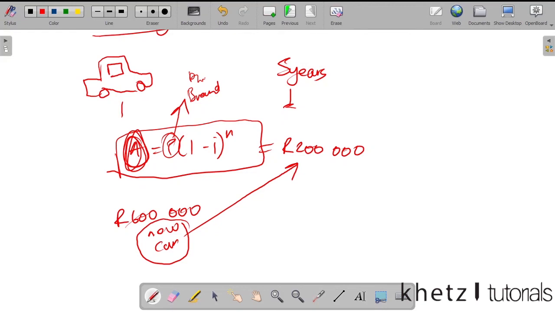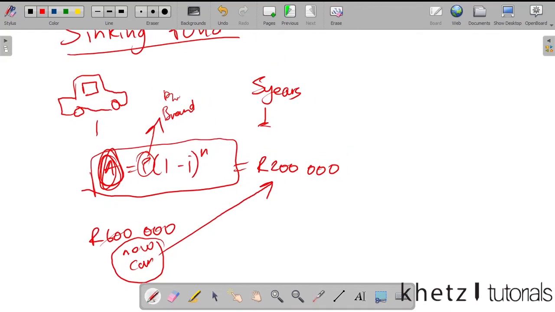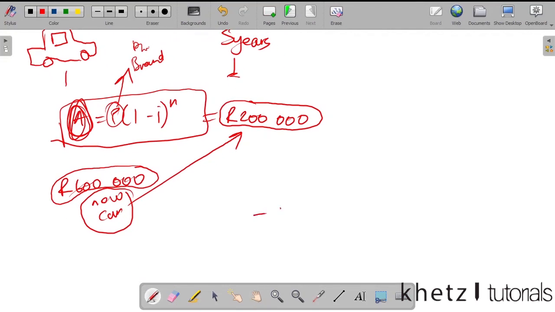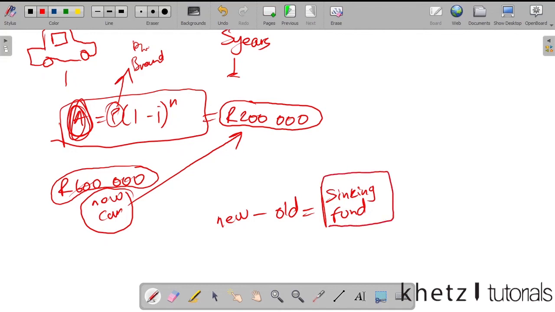So you want to replace something, you're going to have its value after a certain number of years, then you're going to have the value of a new one. Now, if you subtract the value of the old from the new, then the amount that you need to actually make is called your sinking fund. In this case, our sinking fund would be 400,000 rands.